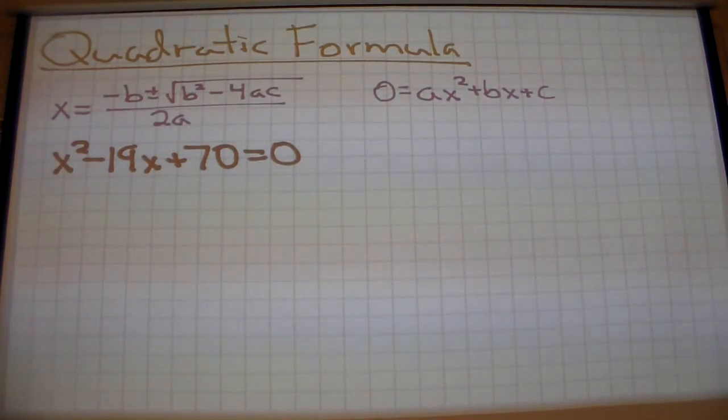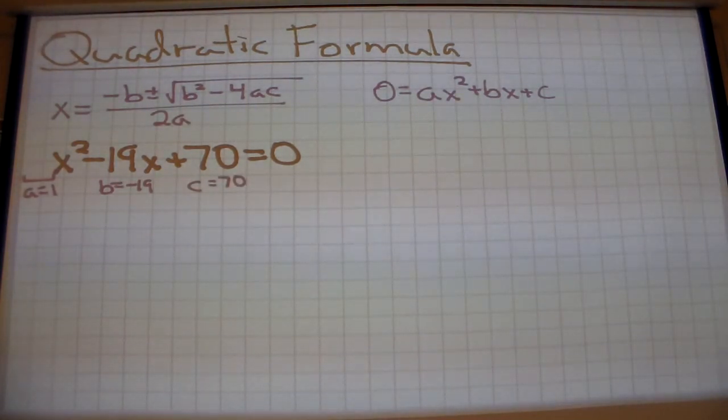Now, in this case, we could probably factor it: 14 and 5 multiply to 70. When they're negative, they add to negative 19. But for the sake of showing it, let's use the quadratic formula. What's your a value? Yeah, it's 1, so a equals 1. b is negative 19, c is 70.